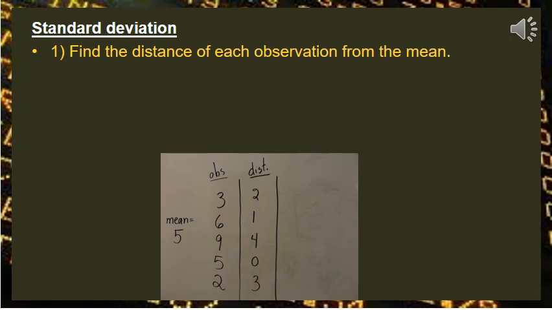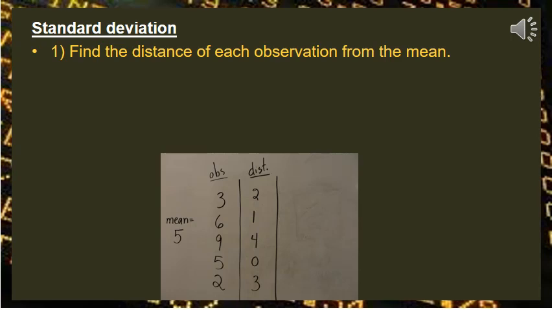Here, the left column shows 5 different observations in a distribution, 3, 6, 9, 5, and 2. This is your first step. You write your observations. The best way to do it is the vertical way like this, and you find the mean. The mean here, the average, is 5.